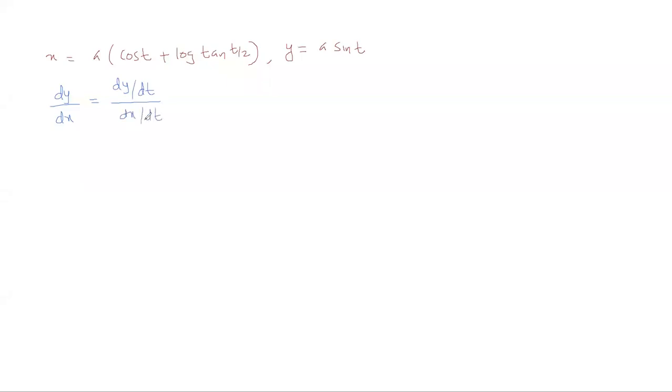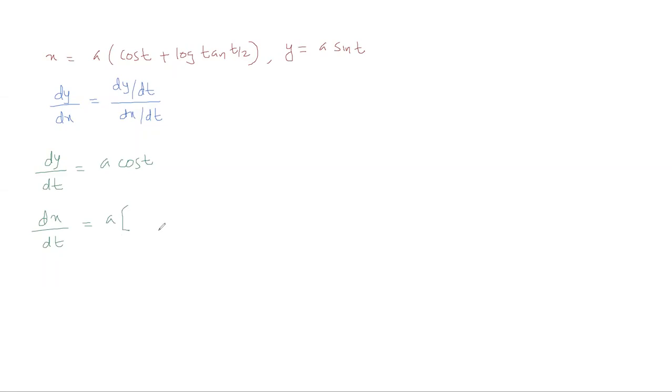So you have to find separately dy by dt is equal to, a is constant, sin t का derivative cos t. dx by dt, which is equal to, a is constant, it is outside, so constant into a function derivative is constant into derivative of that function.